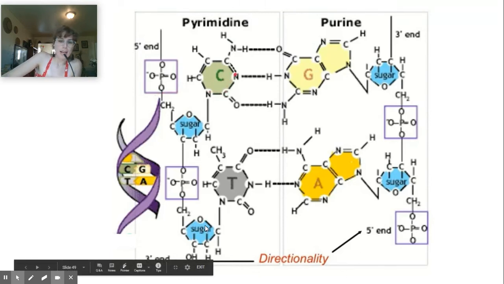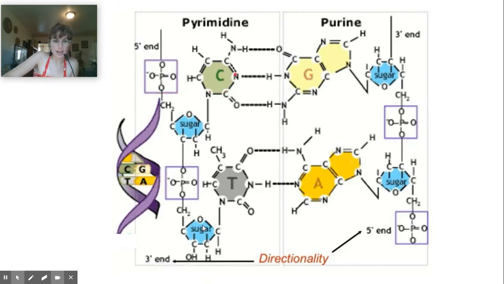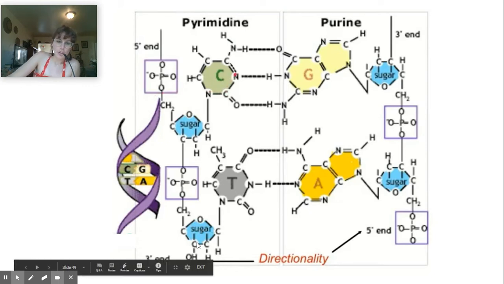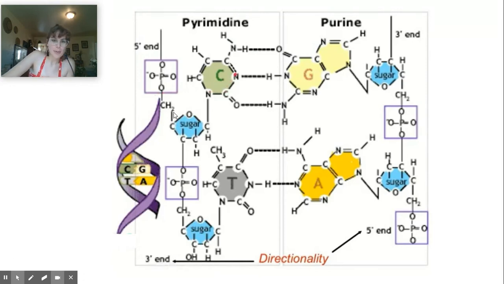So let's go back to counting our carbons, right? And go back to when I referenced where I put my eyeball, right? So carbon 1, 2, 3, and we can see that is our 3' end versus our phosphate group up here is added to our 1, 2, 3, 4, 5th carbon, so the 5' end, okay?